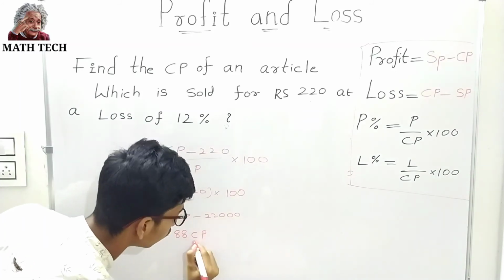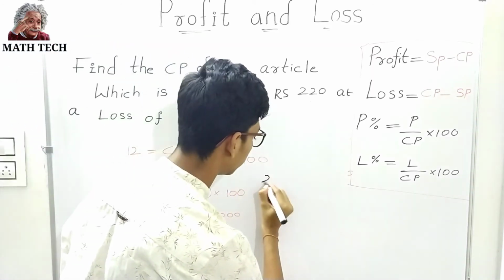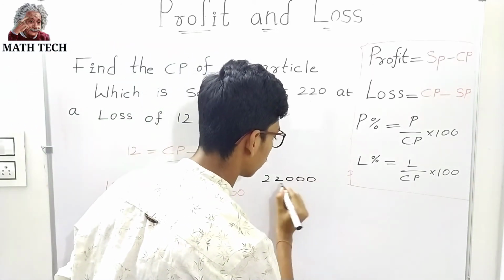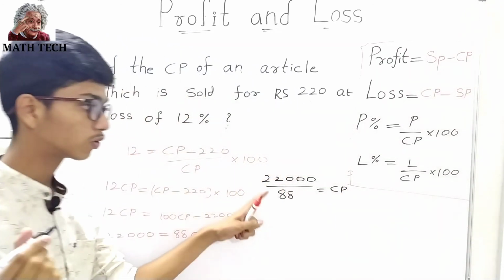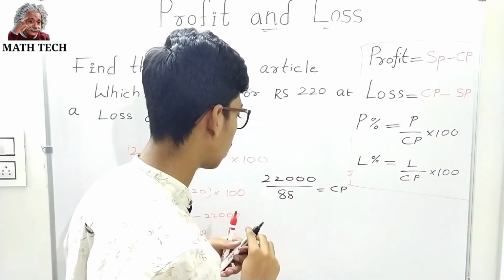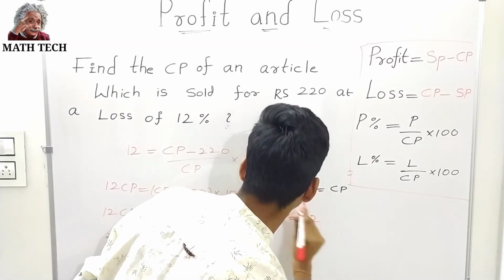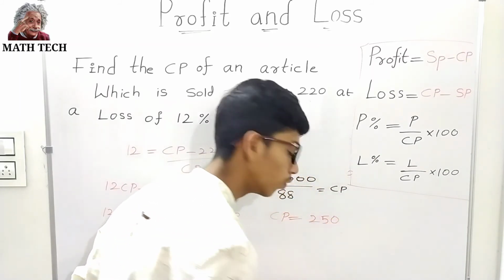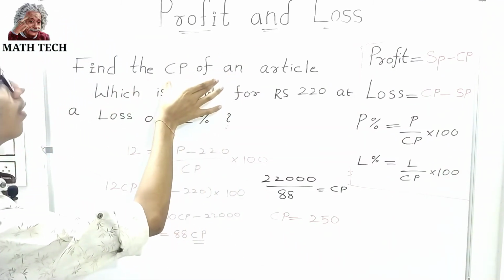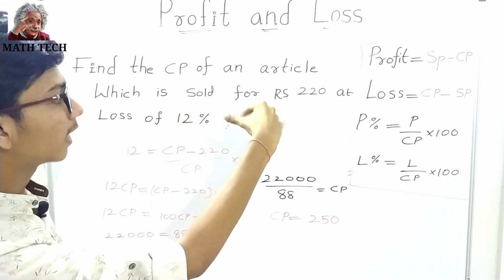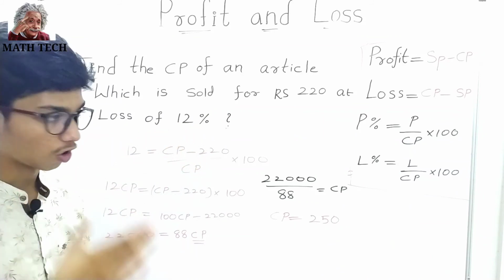We want to find CP, so 22,000 by 88 is equal to CP. 22,000 by 88, we will get the value 250. CP is equal to 250. He bought it for 250 rupees and sold it for 220 rupees, so that he got the 12% loss.